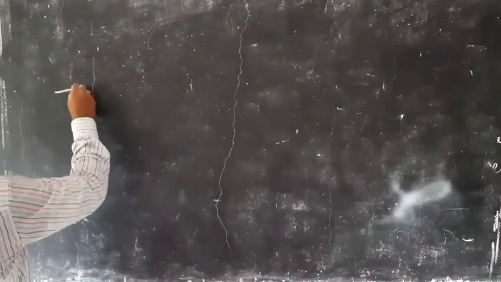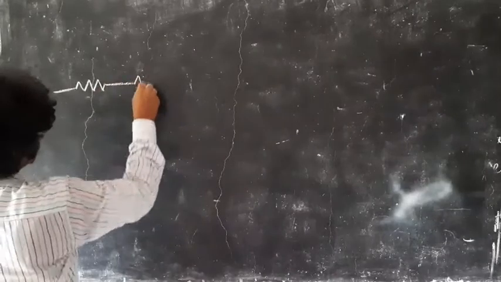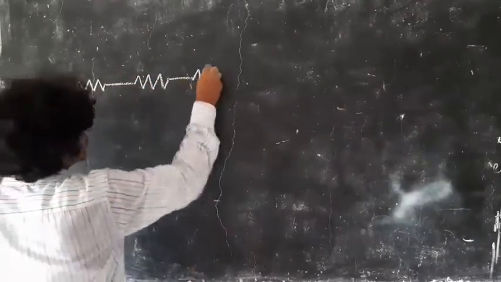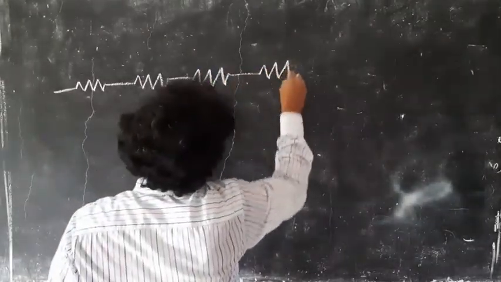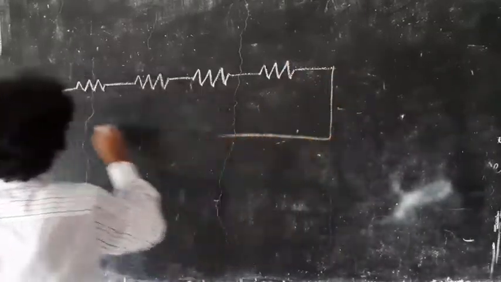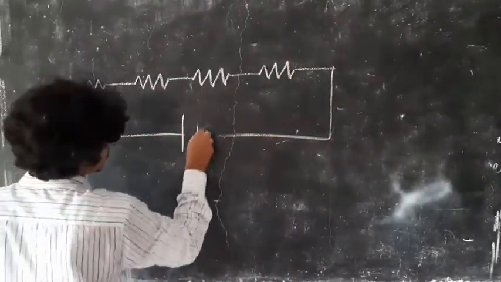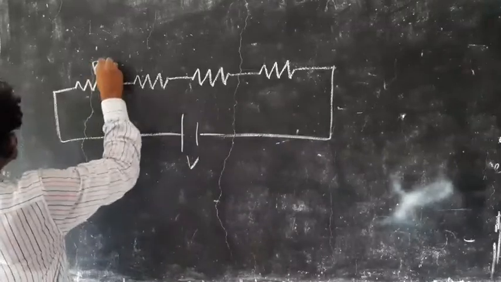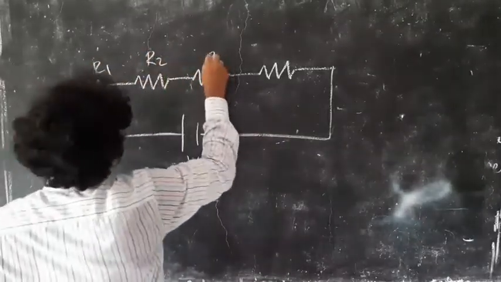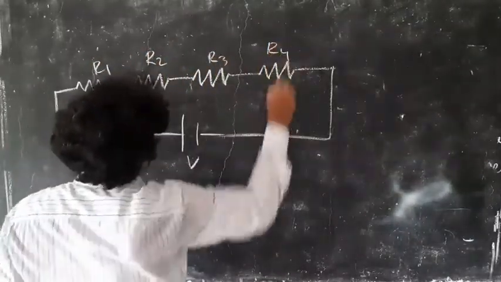Now what happens when more than two resistors are connected in a circuit? Let us say this is B, this is R1, R2, R3, R4.